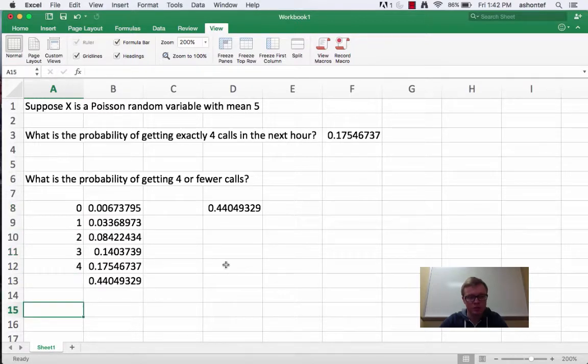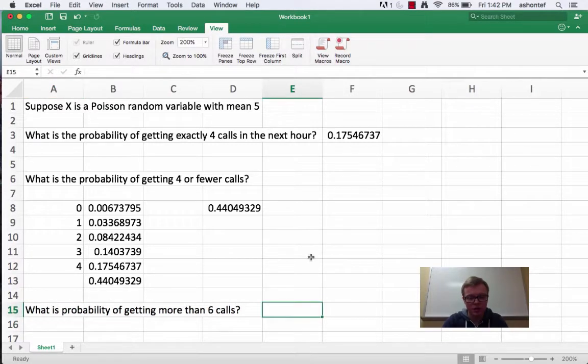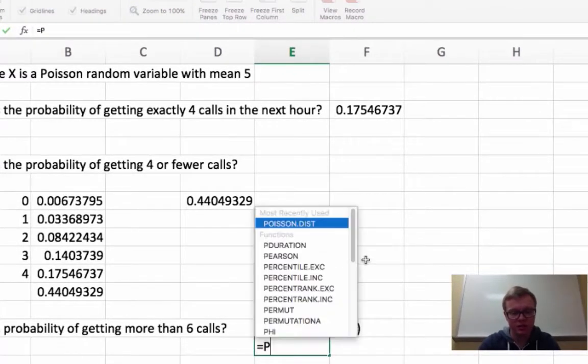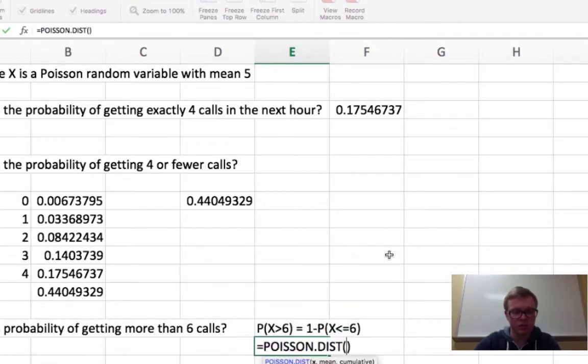And maybe really quick, just to verify one other question, let's say, what's the probability of getting more than 6 calls? That is the probability that x is greater than 6, and that is equal to 1 minus the probability that x is less than or equal to 6. We can find the probability that x is less than or equal to 6 with the Poisson distribution function.